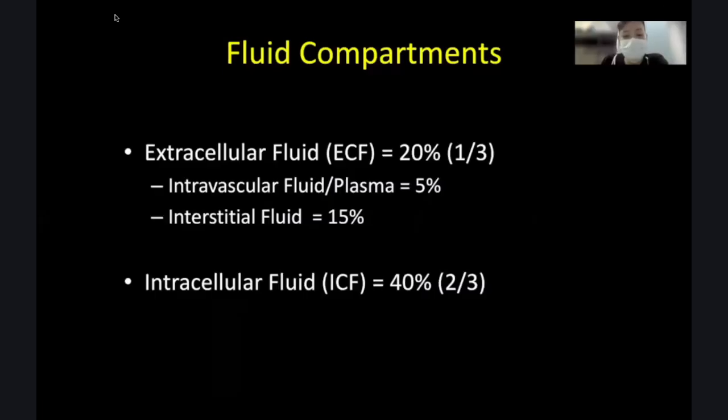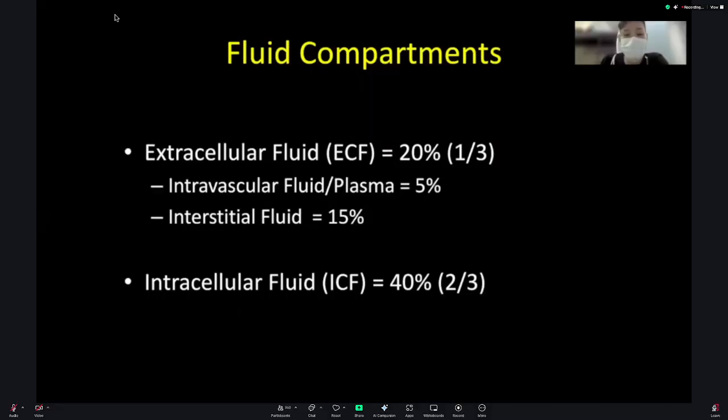The intravascular fluid compartment is the fluid content inside your vessels, mainly your arteries and veins. Your intracellular fluid compartment comprises 40% or 2/3 of your total body water, both of which total to the 60% total body water.